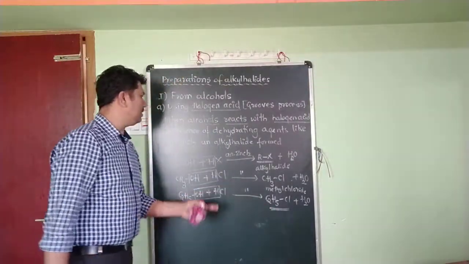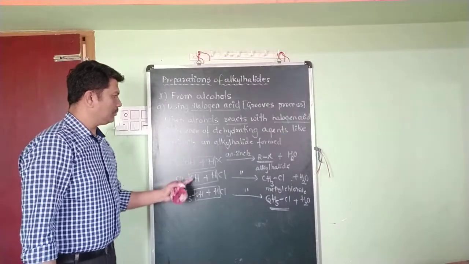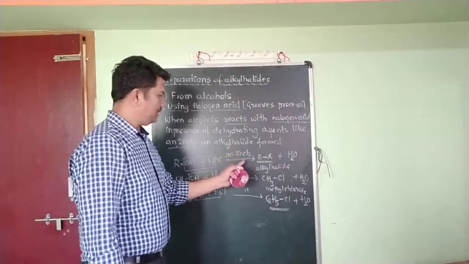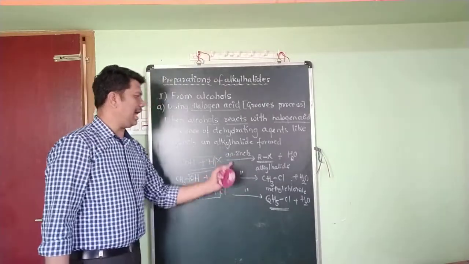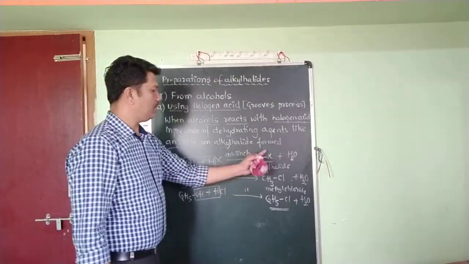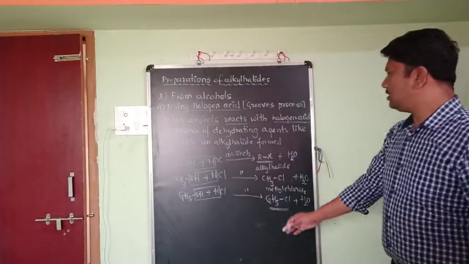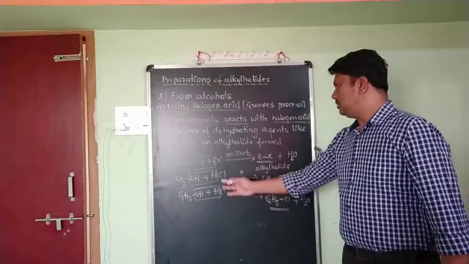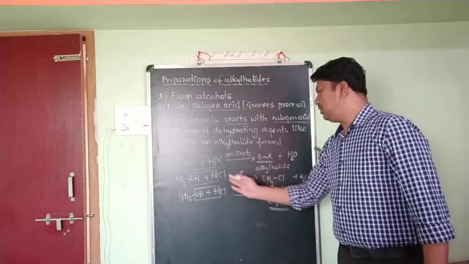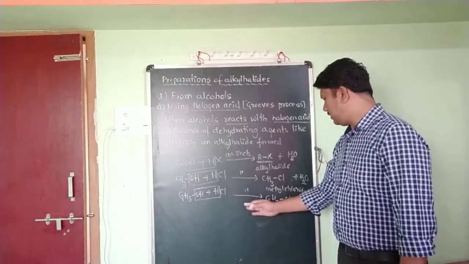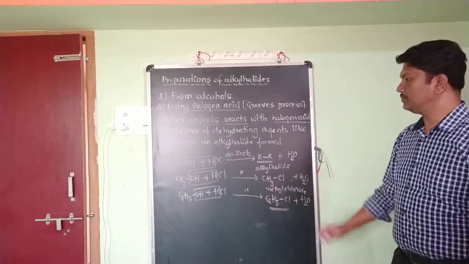Okay, I hope it is clear. You can change the halogen acid also. In place of HCl you can take HBr, HI, any halogen acid, and you get different types of alkyl halides.